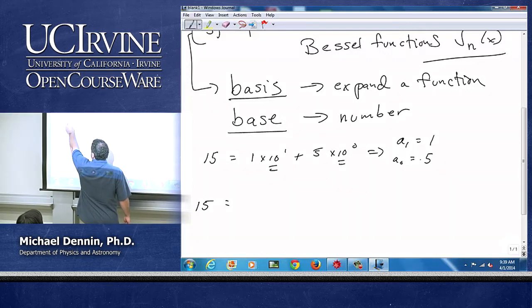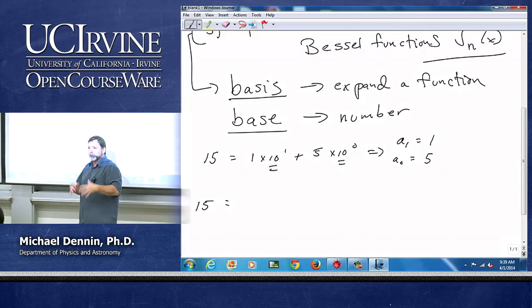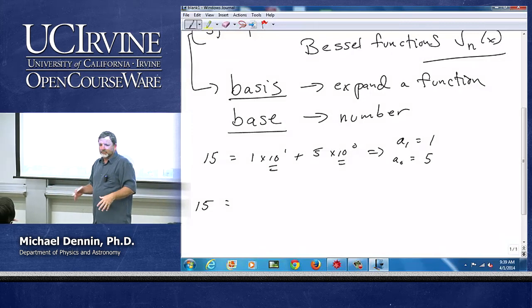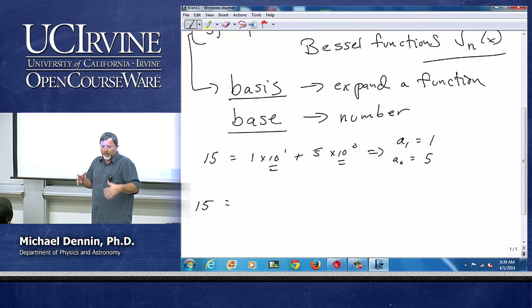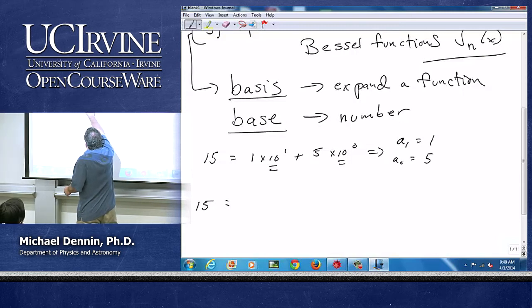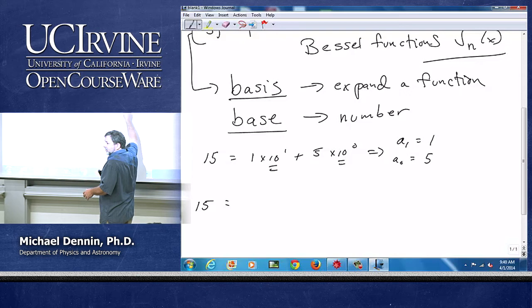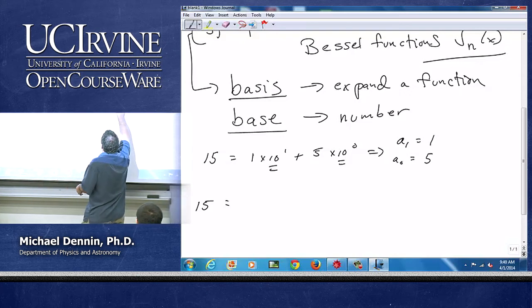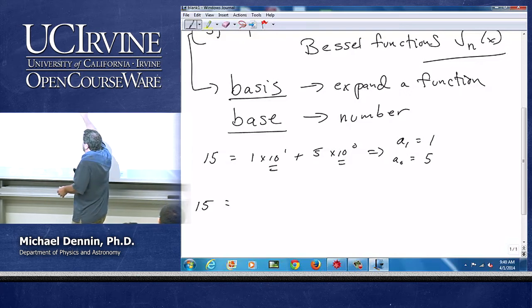We have some object that has some reality, the number 15. We happen to name it because of our base 10, but the number 15 exists independent of the base I write it in. I then pick a basis, base 10. I then can write it as a sum of coefficients times those basis vectors, in a sense, or in this case, this base. So I have my coefficients and I have my base.